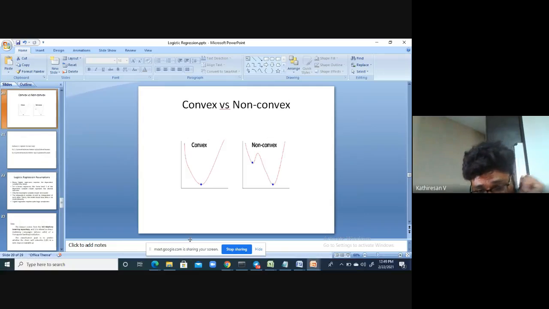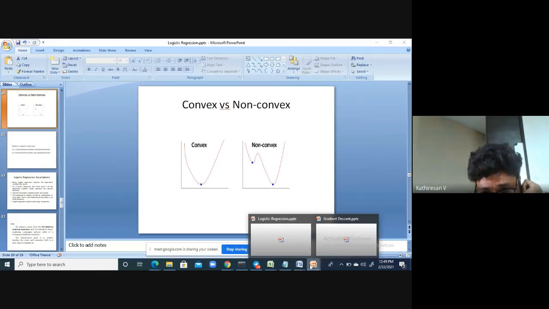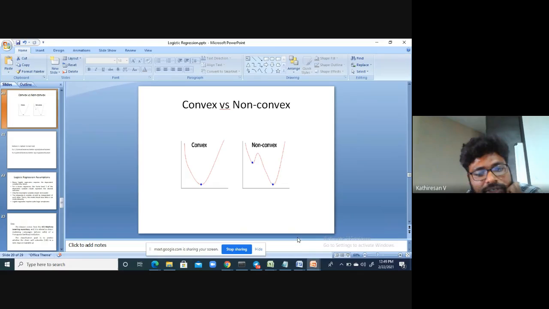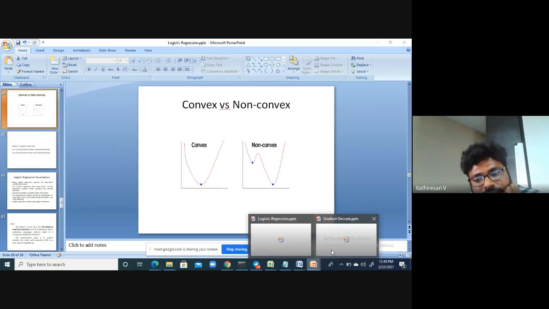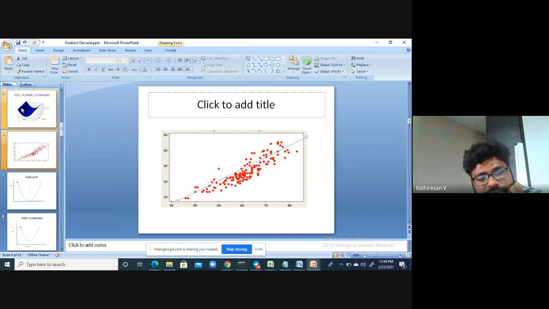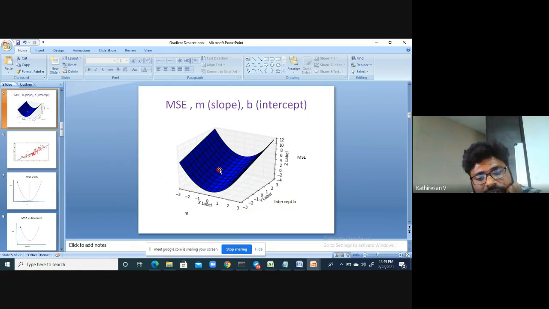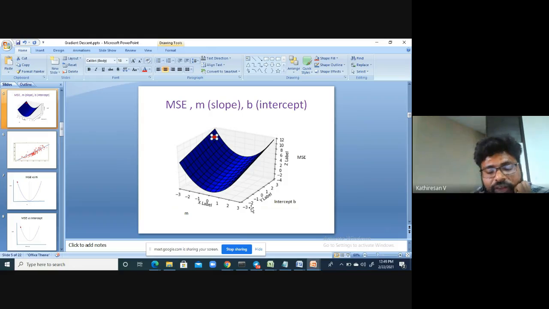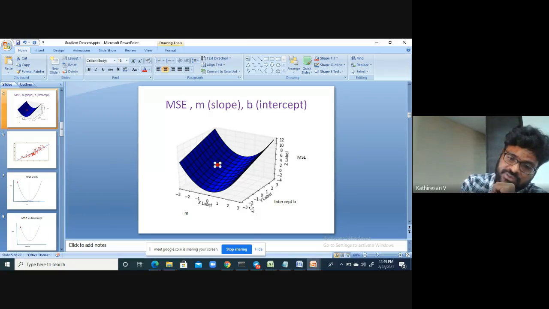See, just come to this slide. Here MSE is high with the m and b values, and our intention is to reduce the MSE, which we have seen in the practical also. MSE is getting reduced and reduced.